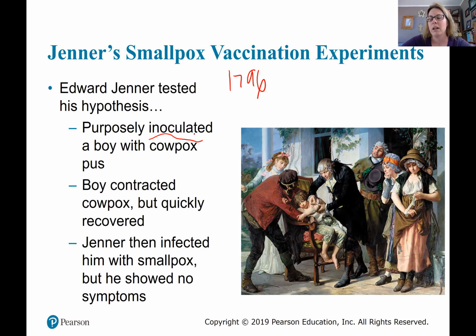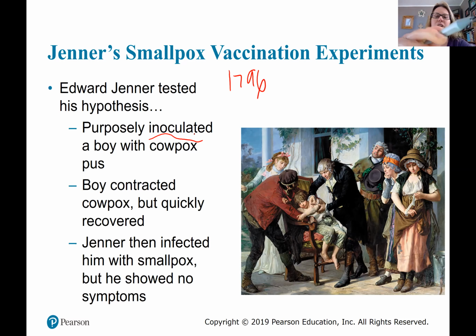He let the boy recover and return to health for a while, and then he infected the boy with smallpox. If Jenner was wrong, the boy could have definitely died, but the boy showed no symptoms of smallpox, and this was basically the first experiment with the process of vaccination.